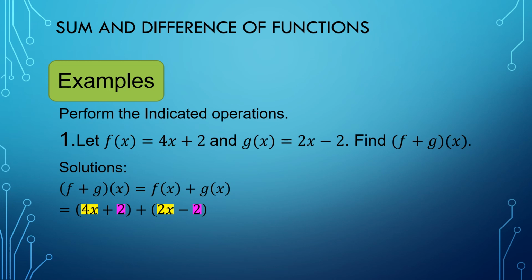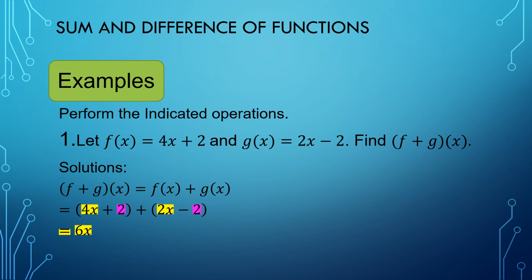So we have the quantity 4x plus 2, which is the f of x, plus 2x minus 2, which is the g of x. So we can add similar terms.